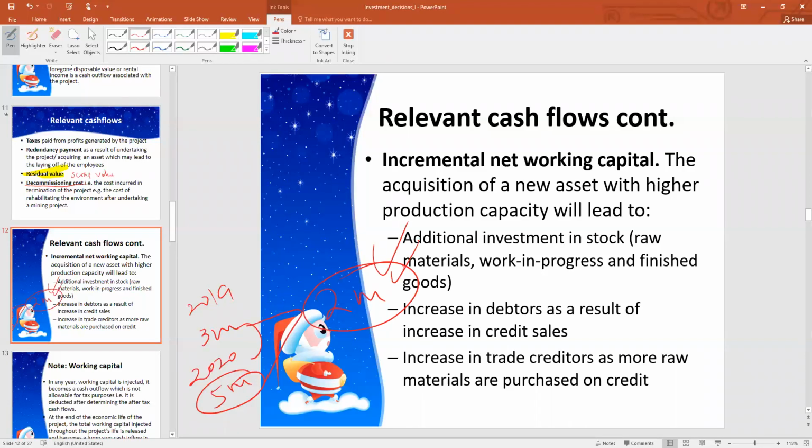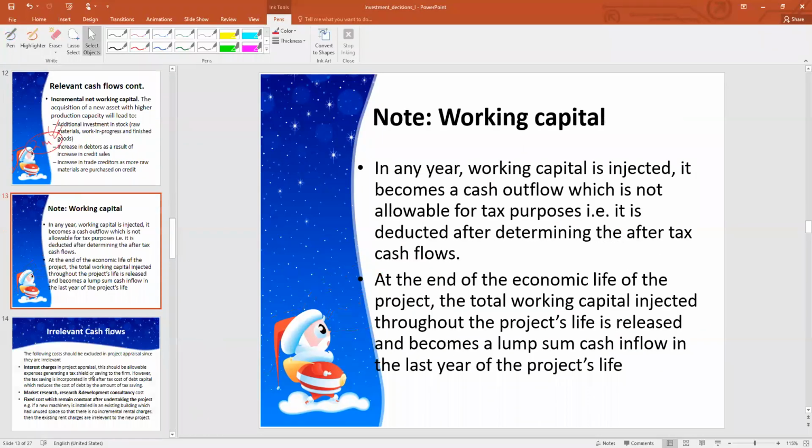That's why you have to be quite careful that we only consider the incremental if the company already has a previous, similar investment. Clear? Take note of this.